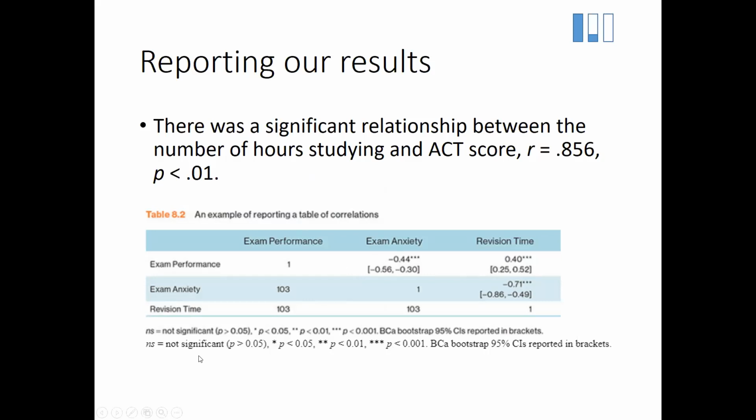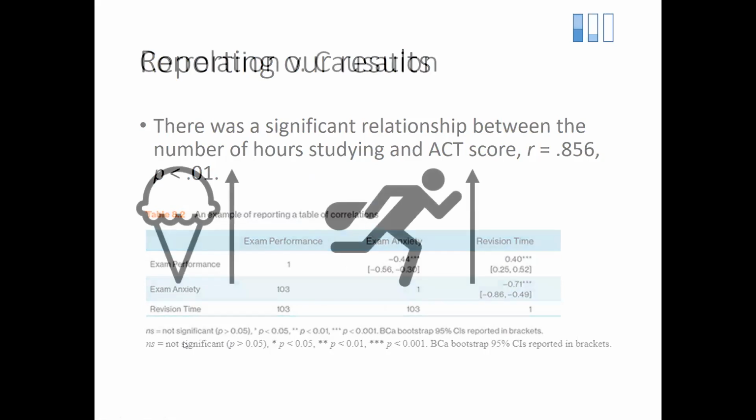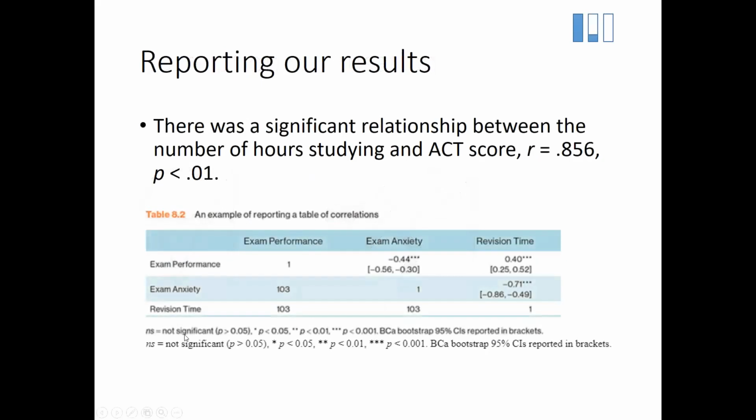Notice how Andy Field has NS for not significant, greater than 0.05, 1 asterisk for a p-value less than 0.05, 2 for less than 0.01, and then 3 asterisks for 0.001 or less. That is fairly common in social science statistics, because we tend to discuss the intensity of the significance.